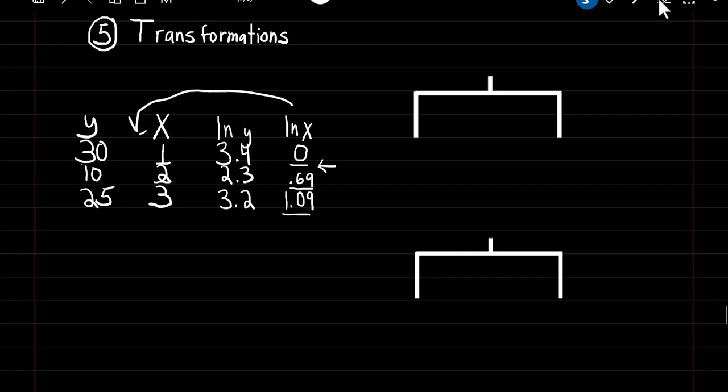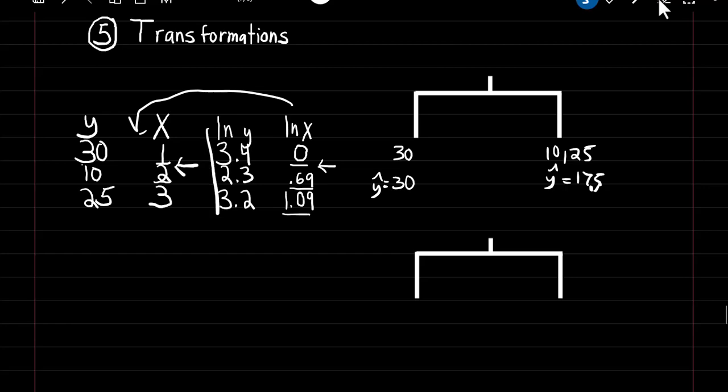If we were to apply no transformation and we were to make a split between 1 and 2, we would have 30 on the left and we'd have 10 and 25 on the right. So our predicted values would be 30 and 17.5. Now we're going to apply our log transformation to our y.